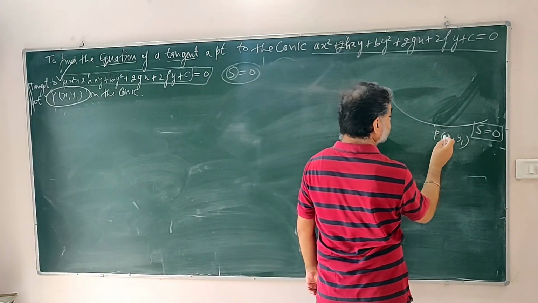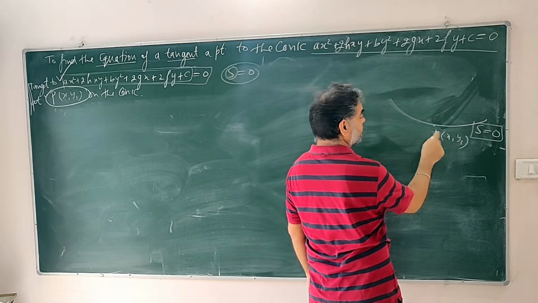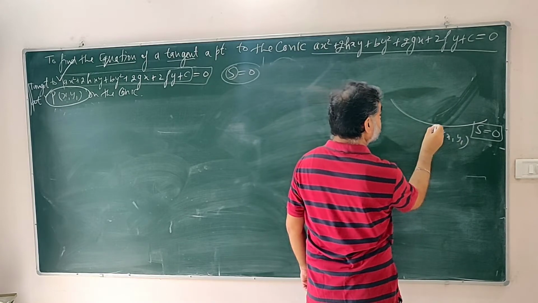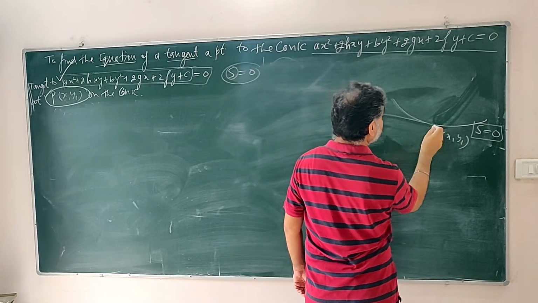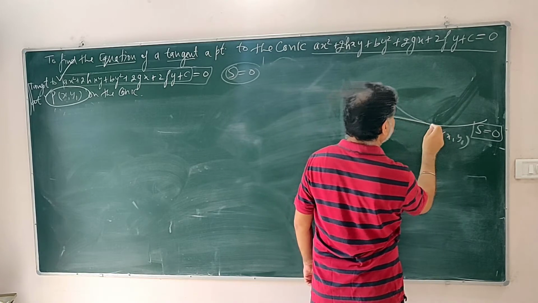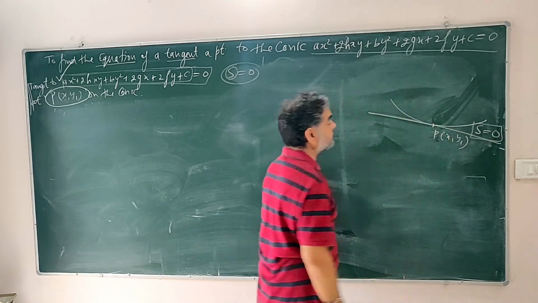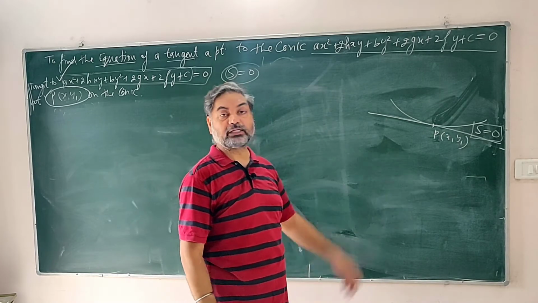Suppose x1, y1 is a point on the conic. What is the tangent? The tangent is a line which touches this conic at only one point. And what is the normal at the point P?